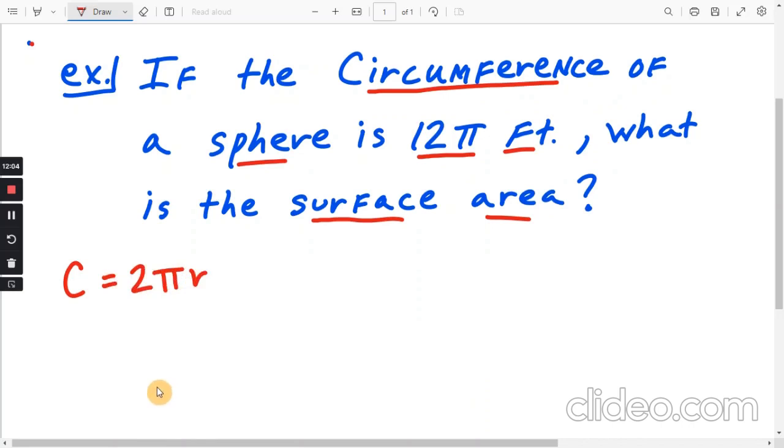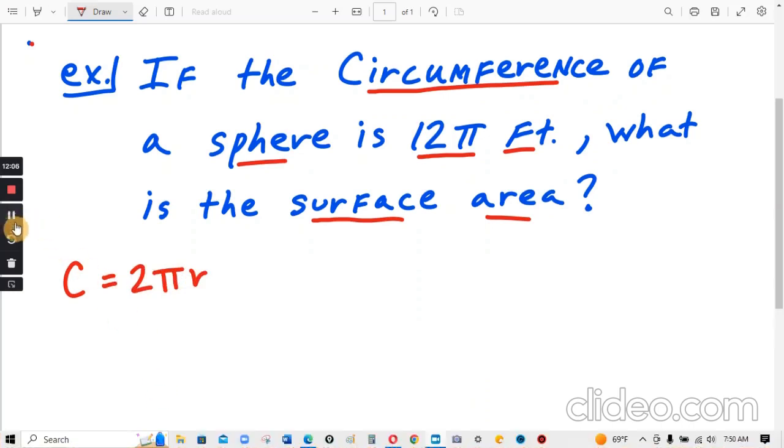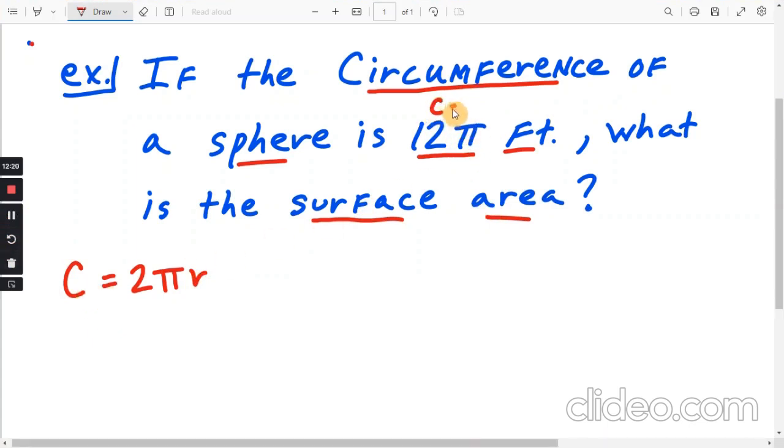Now, we need r for the surface area. So we have to work backwards here. It's given the circumference is 12 pi, so in place of c, I'm going to plug in 12 pi. And that equals 2 pi r.